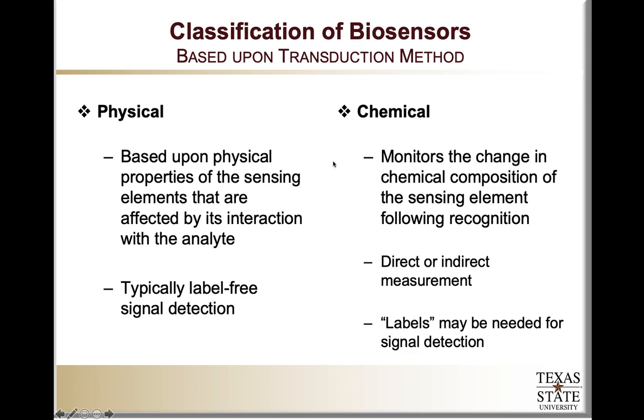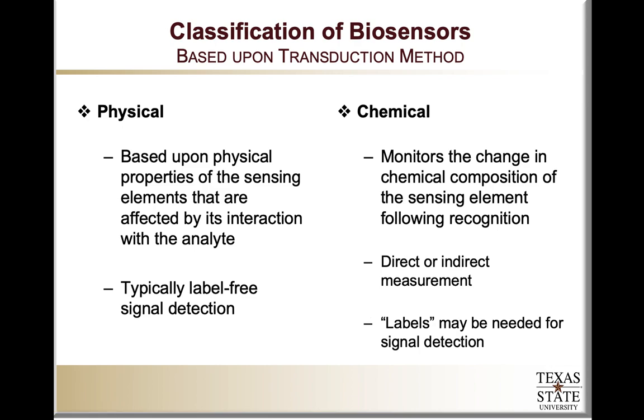Now, in a lot of these chemical sensors, we will need a label for signal detection. Not in all, but in a lot of them, we do need them. This label could be a fluorescent molecule that could enable us to detect the binding event through fluorescence measurements or colorimetric measurements.